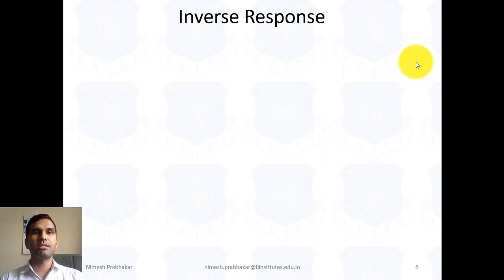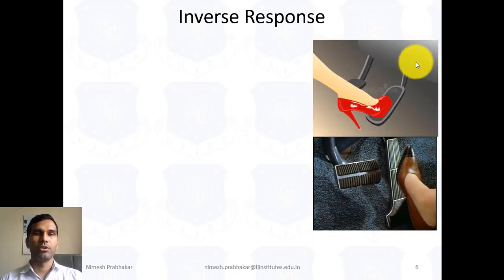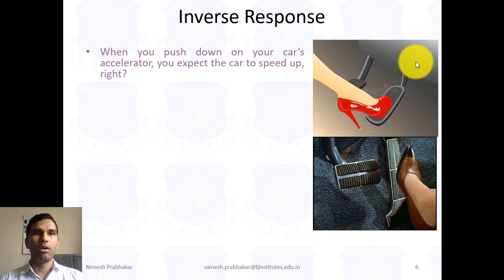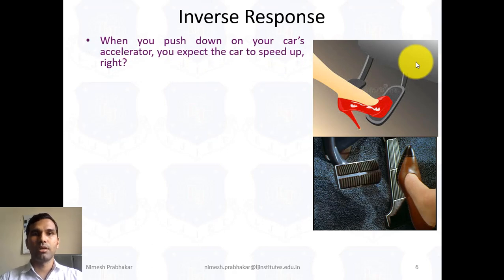Before we understand the inverse response, let us take one example of a car. We all know when you push down your car's accelerator, you expect the car to speed up, right or wrong?